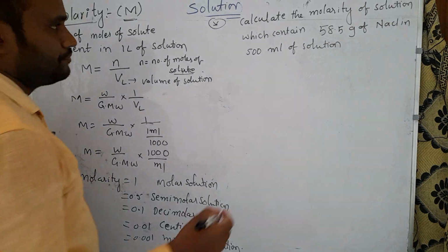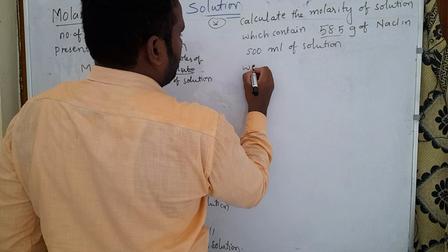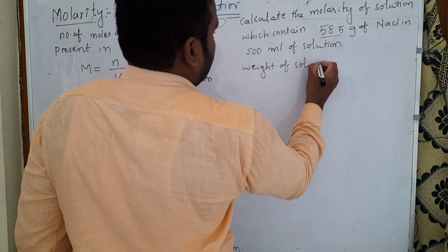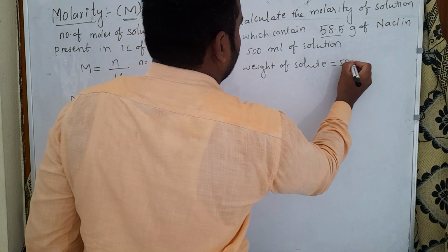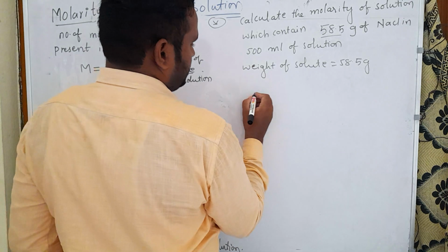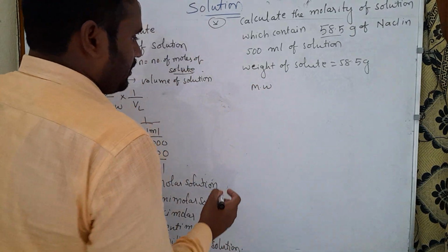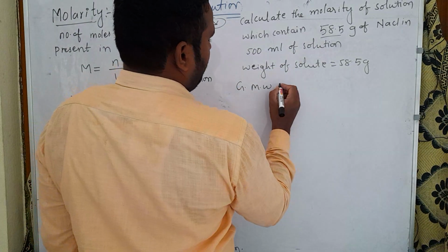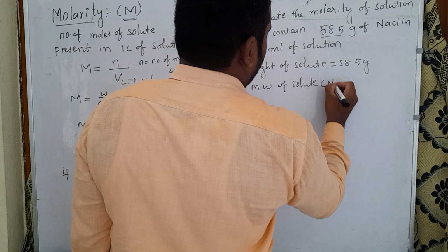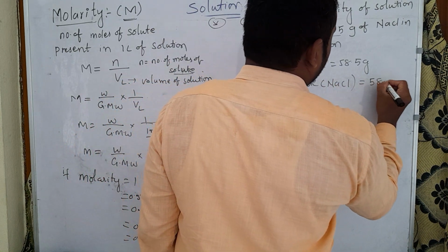So what is given? They gave the weight of solute, that is 58.5 grams. We also need the gram molecular weight of the solute. The gram molecular weight of NaCl is also 58.5. How?